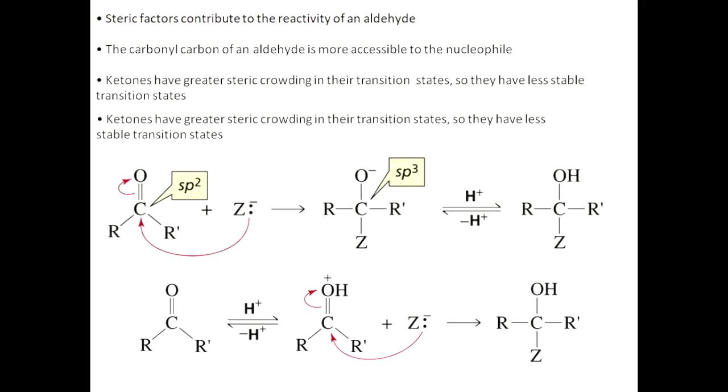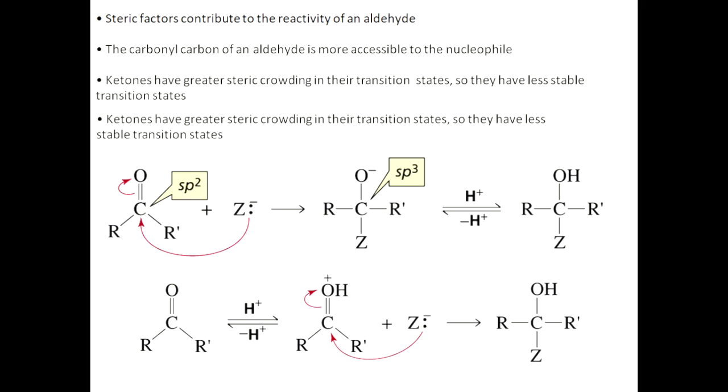Now, in ketones, the carbon is sp2, and the incoming nucleophile will attack at the carbonyl carbon. The electrons move to the oxygen, and we get an alkoxide, oxygen with a negative charge, with an sp3 carbon, and then this undergoes protonation. So an addition reaction takes place in ketones and aldehydes.